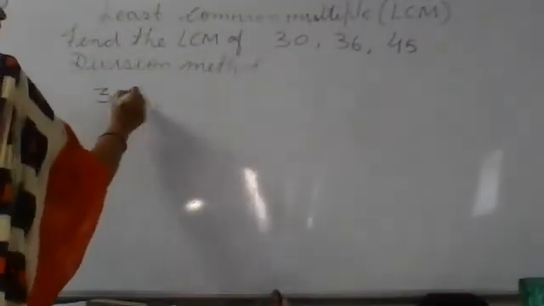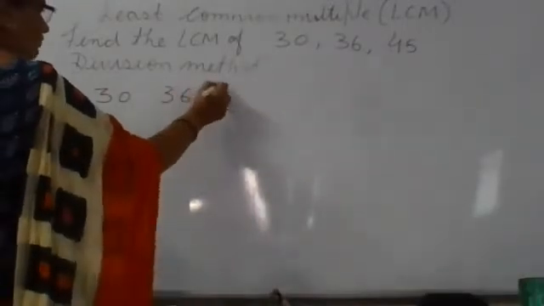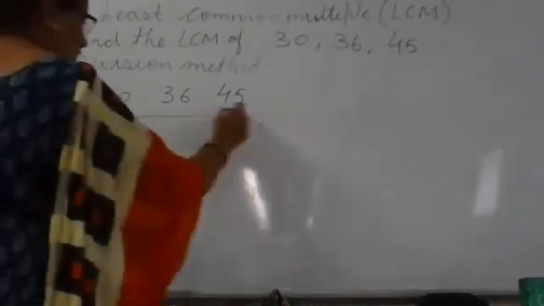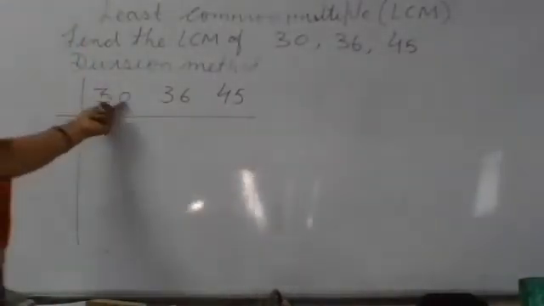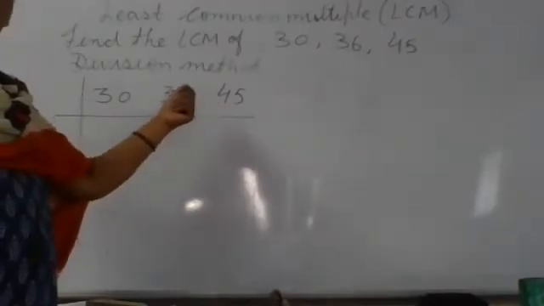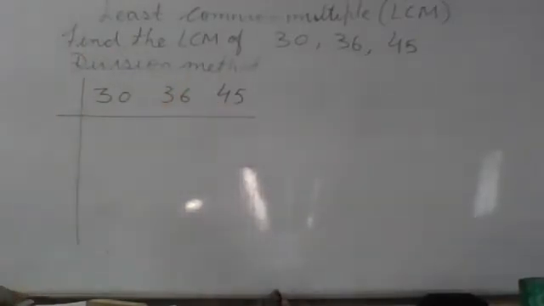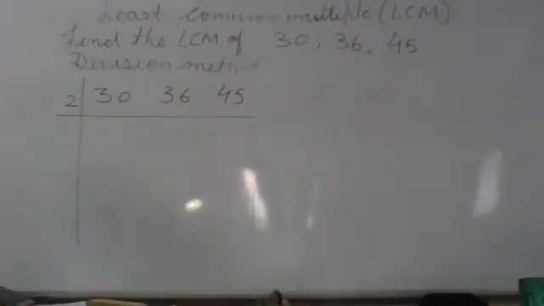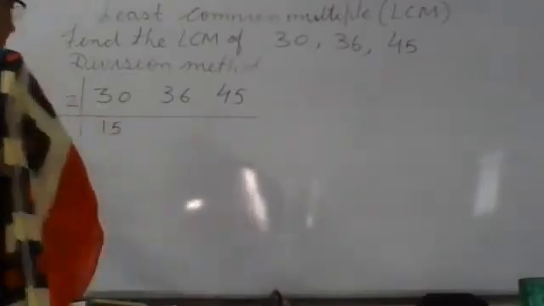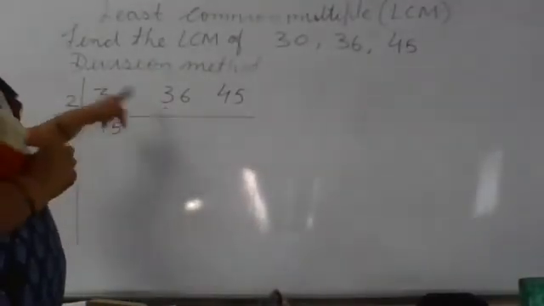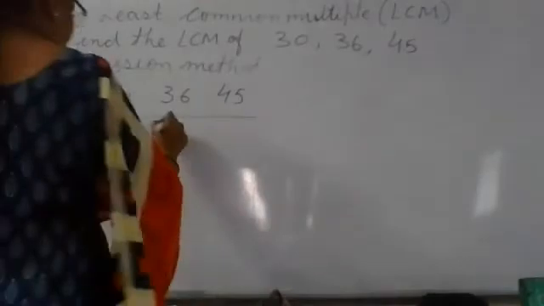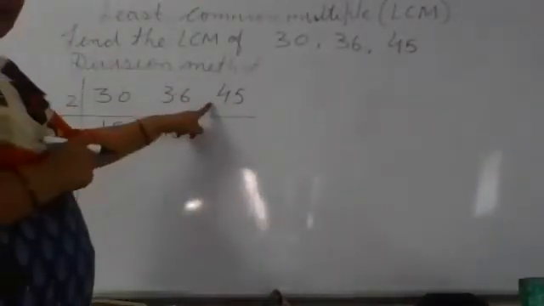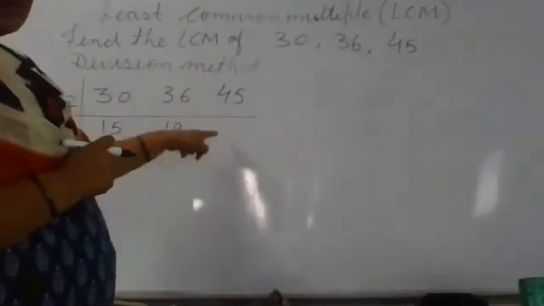It is 30, 36 and 45. See beta, these two numbers are even, but 45 is not even. So start with 2. 2 15s are 30. Divide this 36 by 2, what do you get? 18. But 45 is not a multiple of 2, so write down 45 as it is.